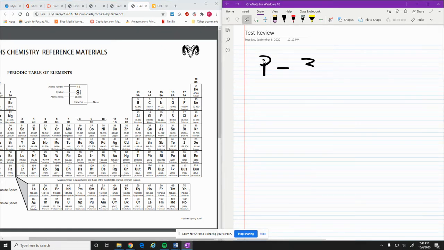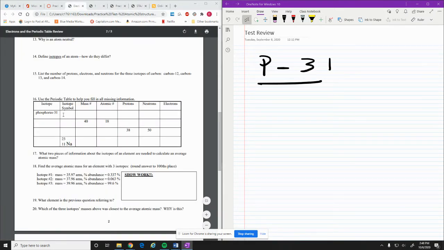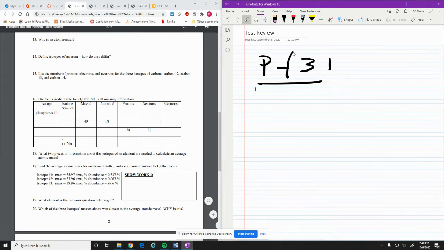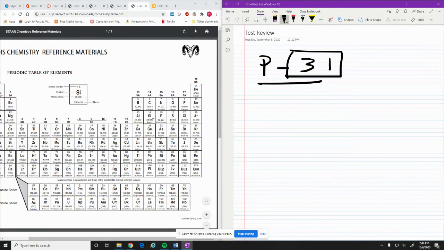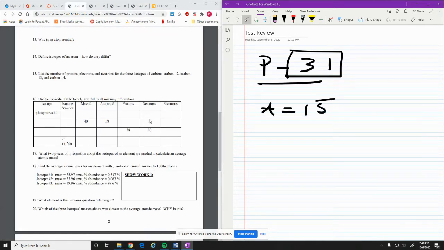I already told you the mass is 31, so that would be the isotopic symbol. The mass, well, I just told you it's 31. The atomic number, that's when you use the periodic table and you figure out that the atomic number is right there, it's 15.